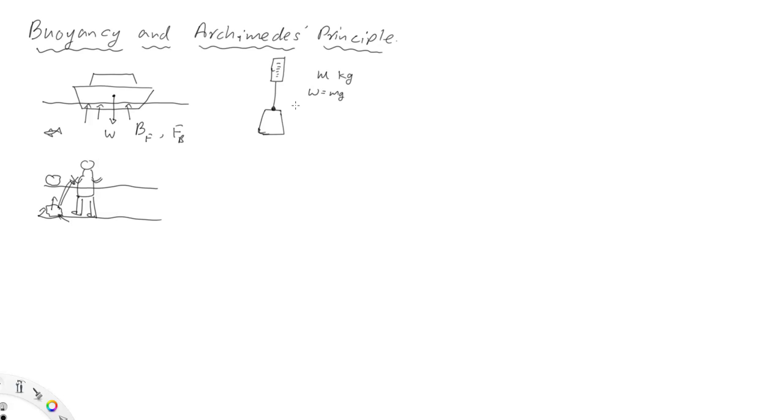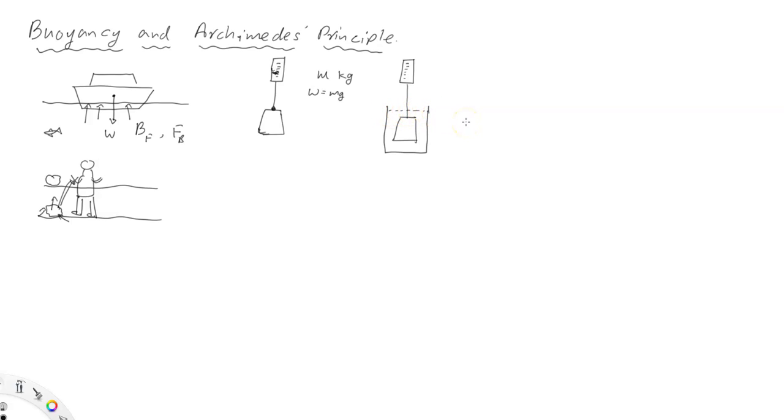You measure it, and then let's say the scale reading is right here. Then you're going to lower it. Here's the scale and the hanging mass, and we lower it into a beaker of some liquid, let's say water.